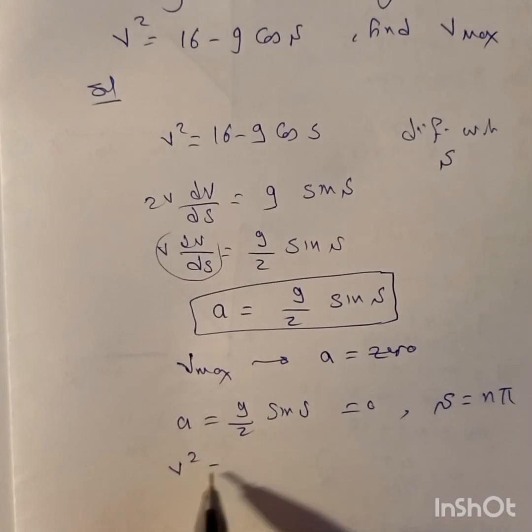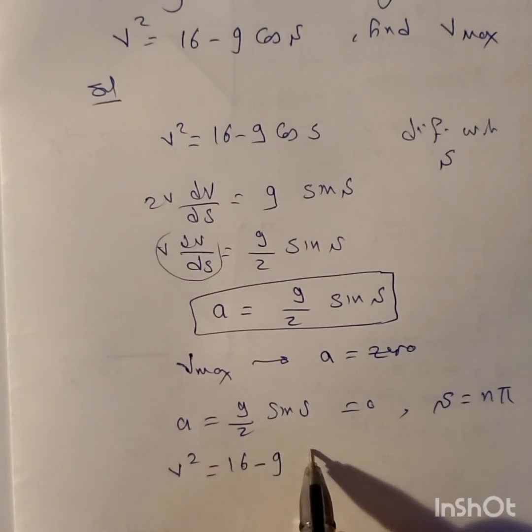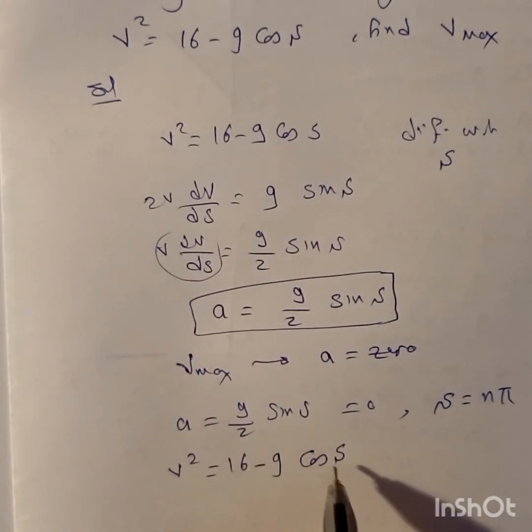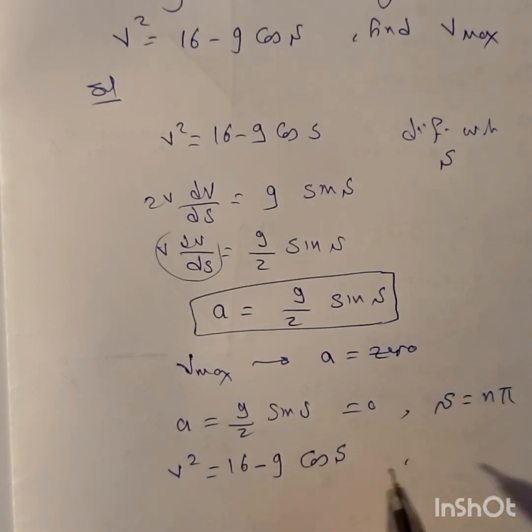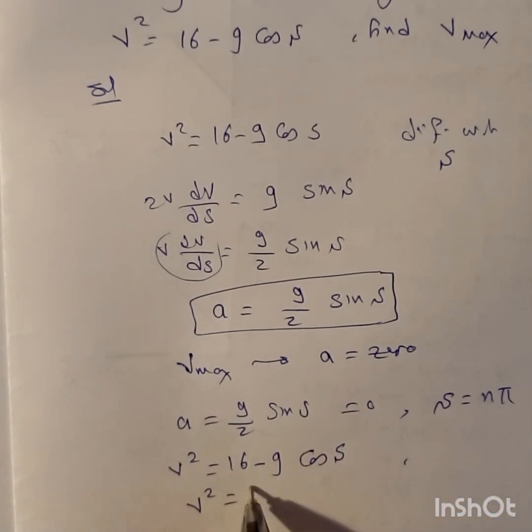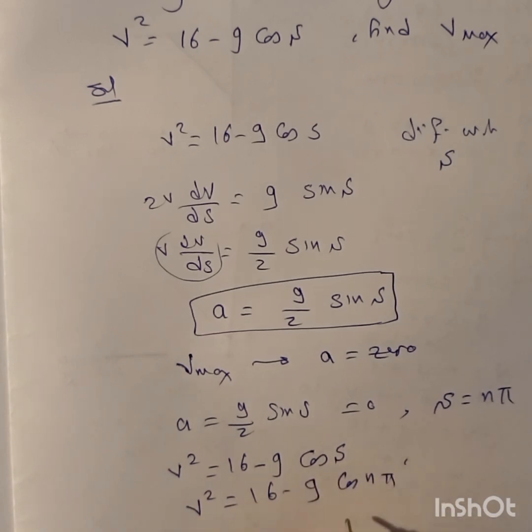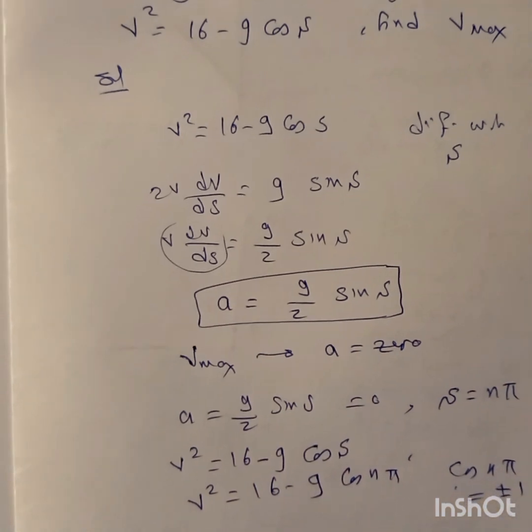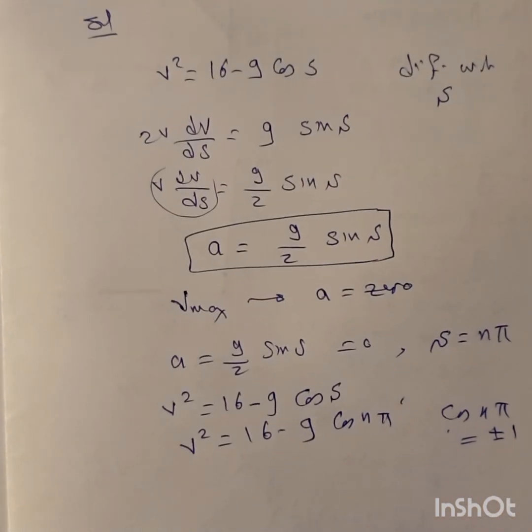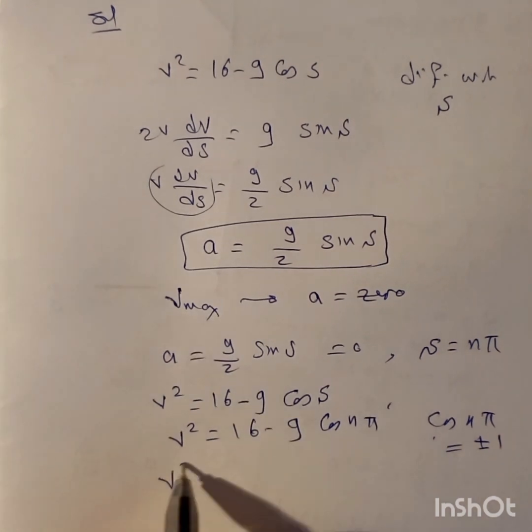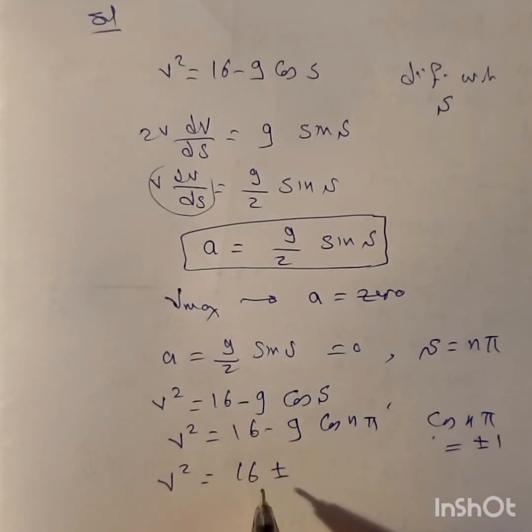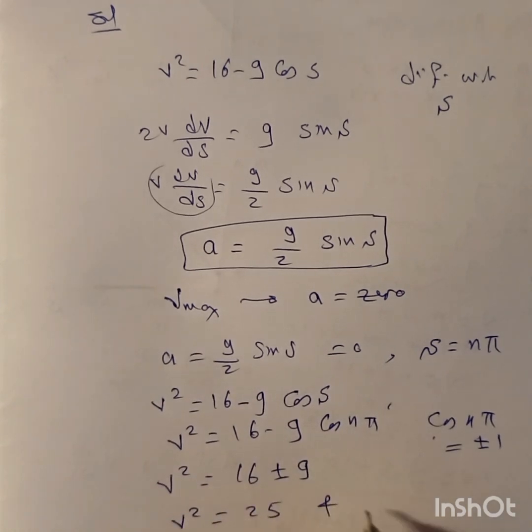We have v squared equals 16 minus 9 cosine s at s equals n pi, then v squared equals 16 minus 9 cosine n pi. Here cosine n pi equals positive or negative 1 according to n. Now by substitution we have v squared equals 16 plus or minus 9. Then v squared equals 25 or 7.